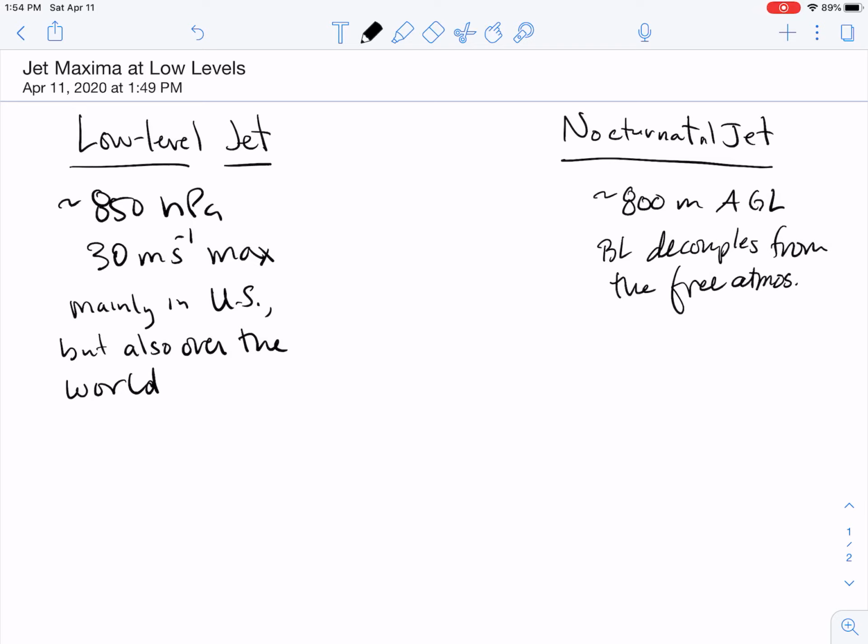There's a great paper about these phenomena by David Stensrud from 1996, and I encourage you to read that, as there is not strong, clear, consistent usage in our field of all of these different low-level jet terms. It is something that we still struggle with and is sometimes confused when people are speaking of what they think are the same things but are really two different things.